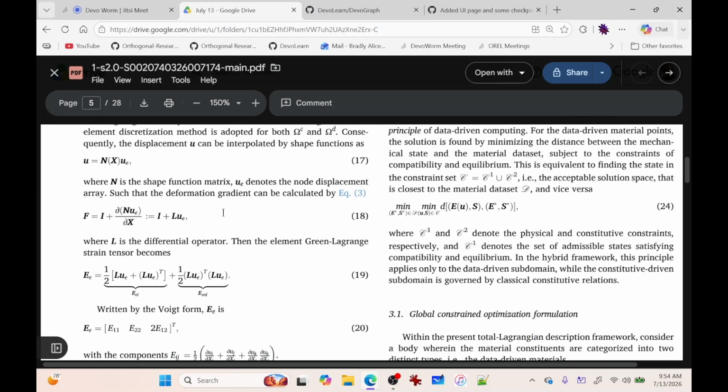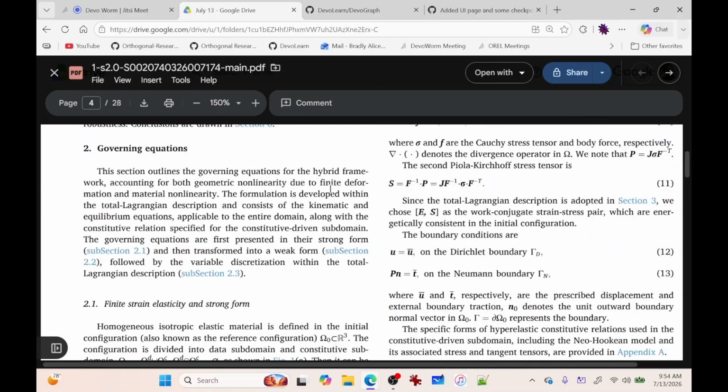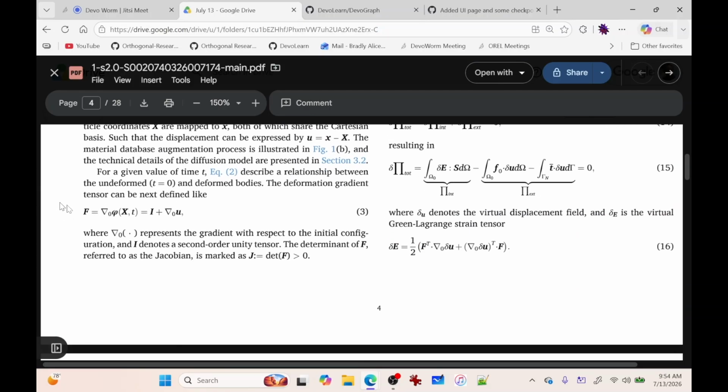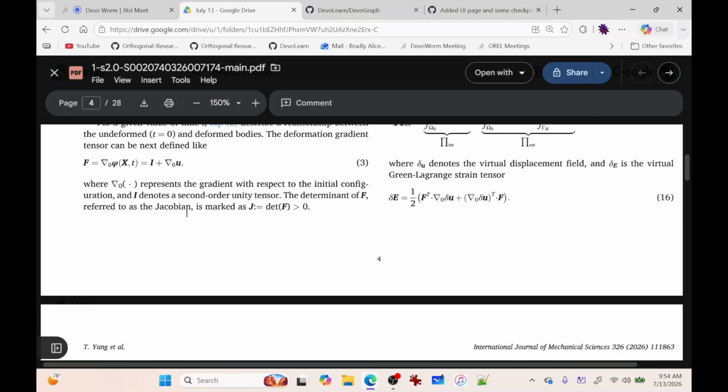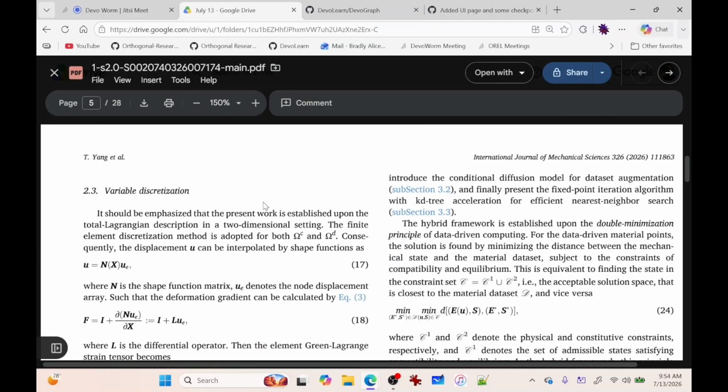Such that the deformation gradient can be calculated by equation 3, which I didn't talk about up here, but it's basically this equation here, which is our relationship between undeformed and deformed bodies. So this is a tensor, and we have that there. That is where our gradient is configured with respect to the initial configuration, and I denotes a second order unity tensor.